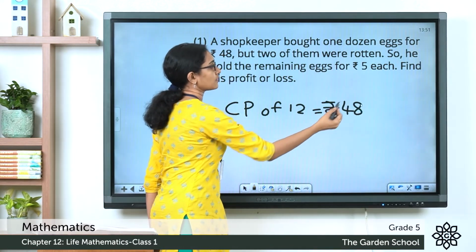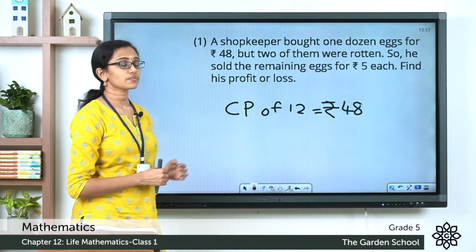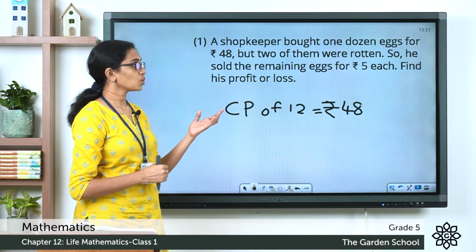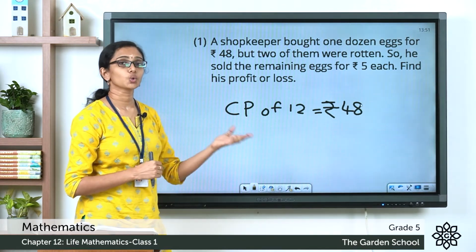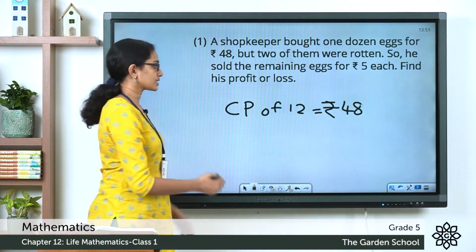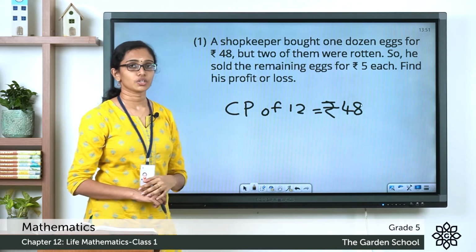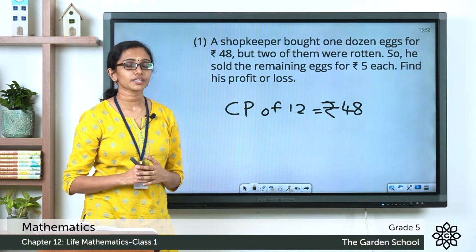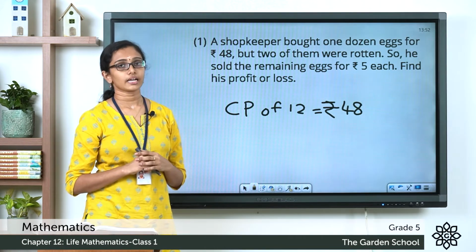And he finds out that 2 of them were rotten and he is selling these eggs for rupees 5 each. Now if 2 were rotten, how many are remaining? Out of the 1 dozen eggs, 2 were rotten and there are 10 eggs remaining. And he sold these 10 eggs at rupees 5 each.